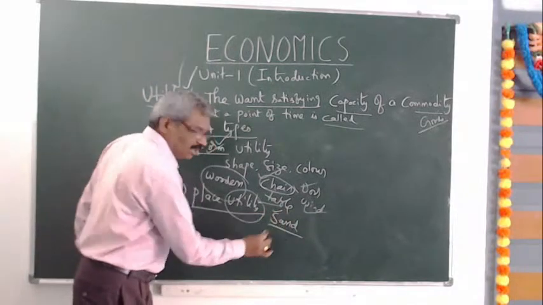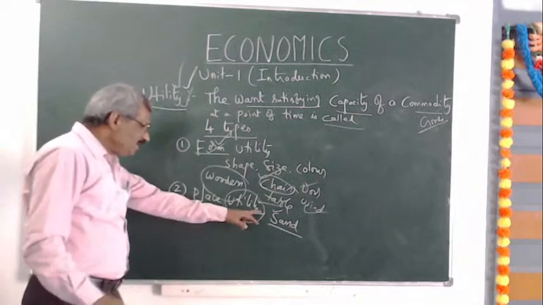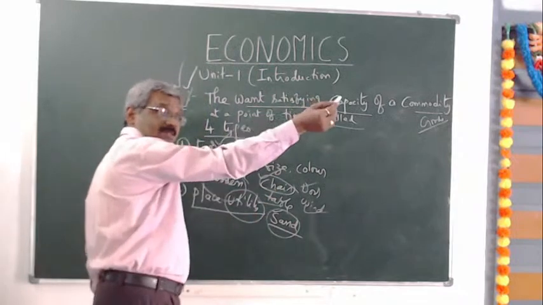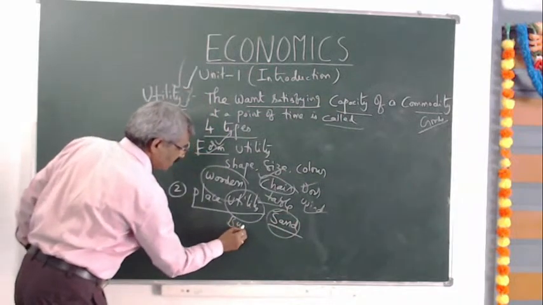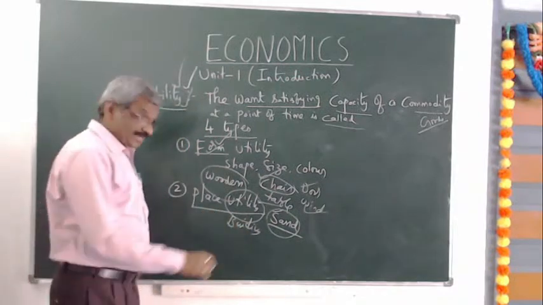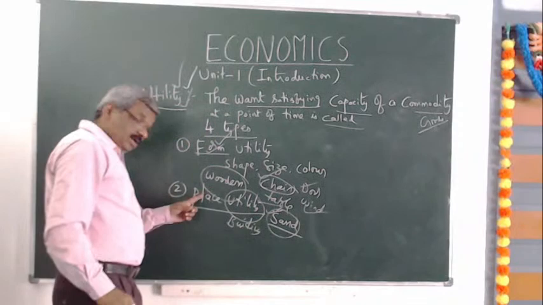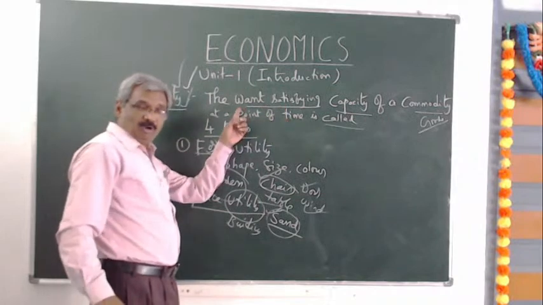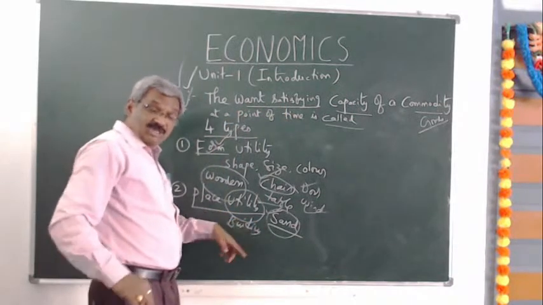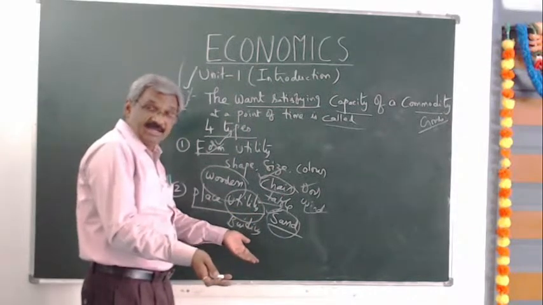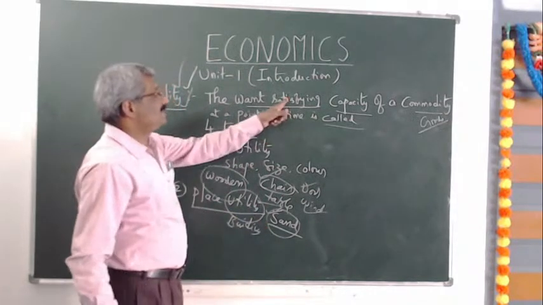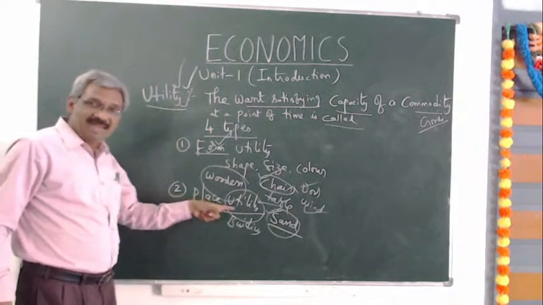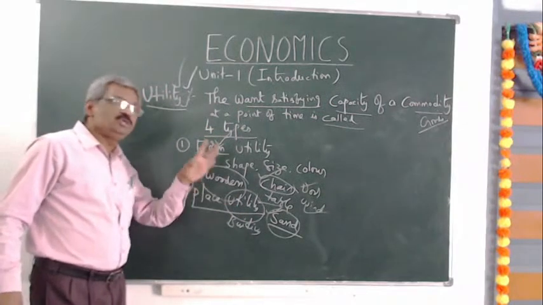The sand in the river has no utility. But at another place, for the construction of a building, the sand is very useful. In the river, the sand does not satisfy human want, but at another place, for construction, it is very useful and has satisfaction capacity. At the place level, that is called place utility.